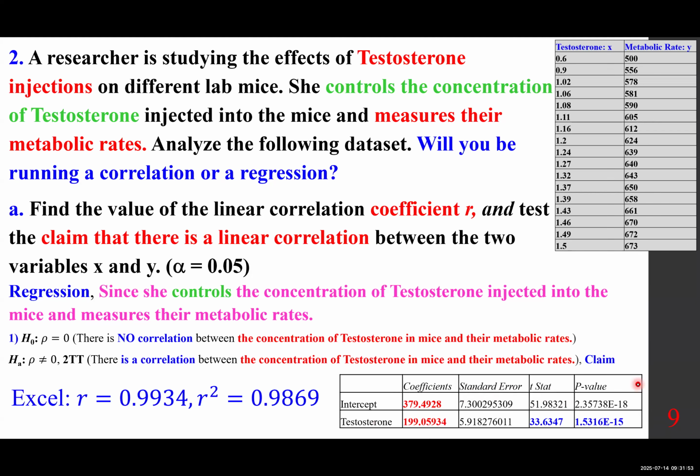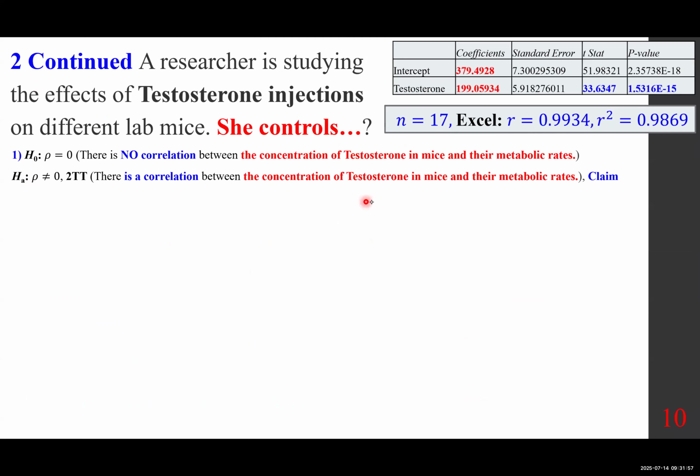So let's look at them. We are going to look at the same question we've already done in part 1. And as I mentioned, this is the table that we have from the previous page when we run the Excel. Of course, n was 17. There were 17 pieces of data, 17 pairs. Okay.